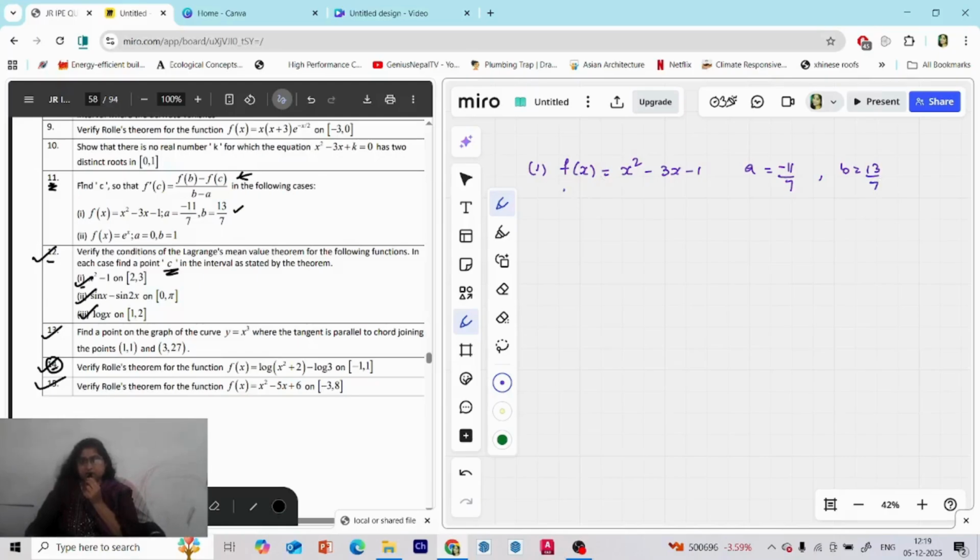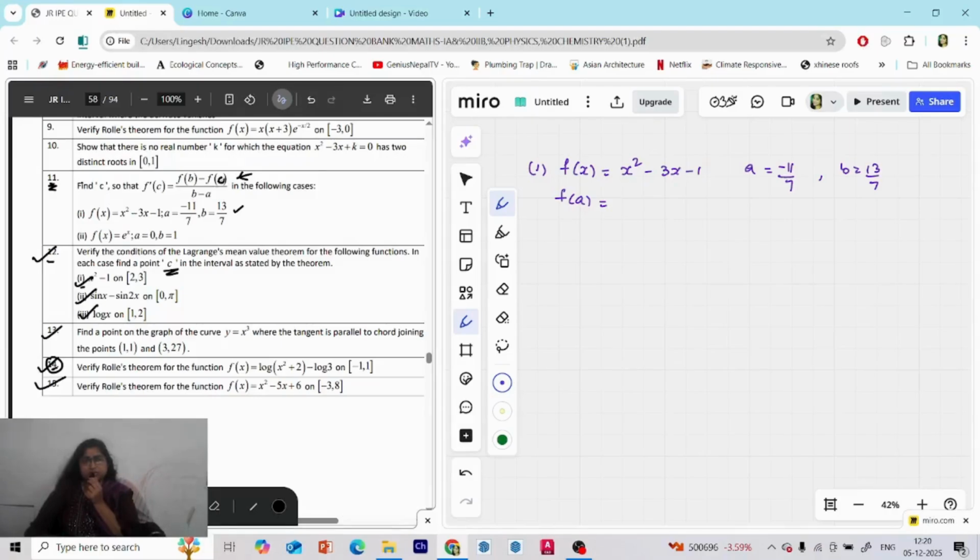So first f of a, f of b కనుక్కుందాం. I think ఇక్కడ f of c ఉండకూడదు. The question should be f of b minus f of a by b minus a.